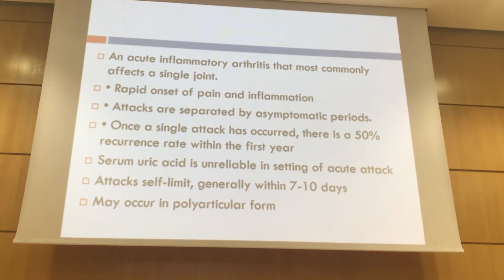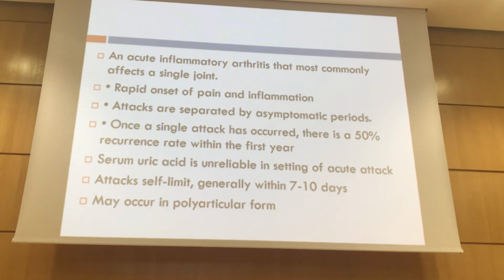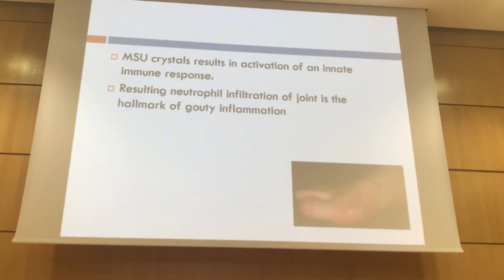So don't check the uric acid in the acute attack; we usually check it afterwards. Usually the attack is self-limited. The patient will take some painkiller, rest, and it will improve. It can happen as polyarticular or oligoarticular, but usually it's a single joint.